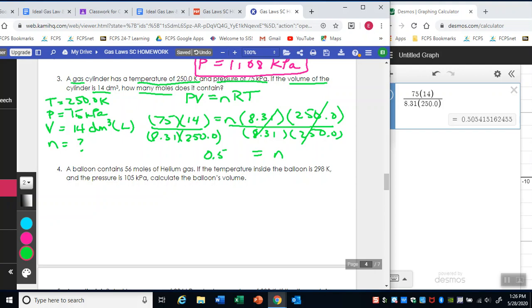The digit next to it is a 5, so that would go up to a 1. So that would be two significant digits. There's a decimal here, so you start at the Pacific, fly over the zeros, there's 1, 2 significant digits. And that would be moles. So basically half a mole of that gas I've got.